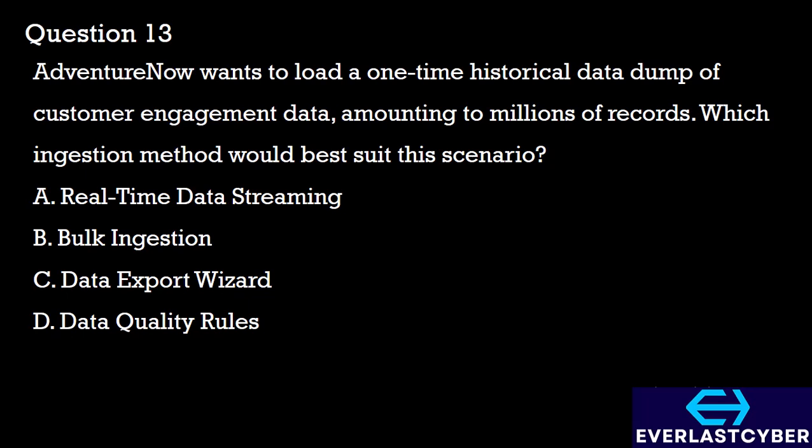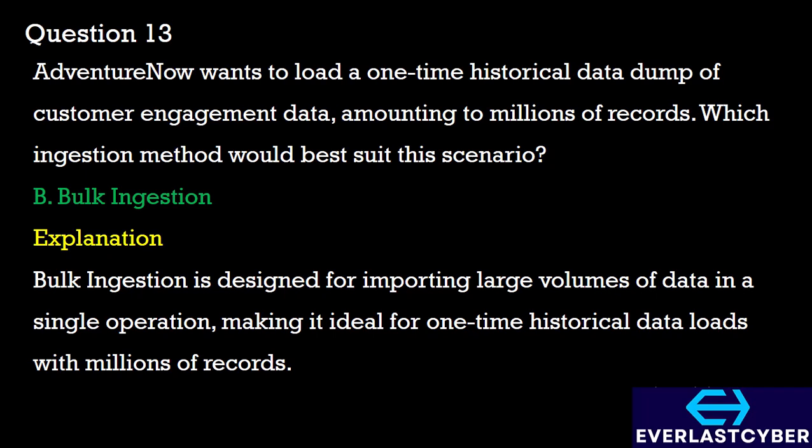So with respect to the scenario where an organization, Adventure Now, wants to load a one-time historical data dump, the best option is option B, bulk ingestion. It is efficient because it processes massive data sets without the continuous update needs of real-time ingestion.